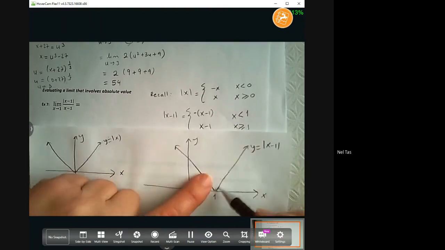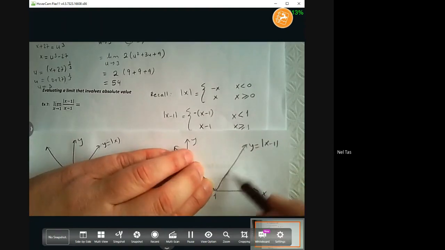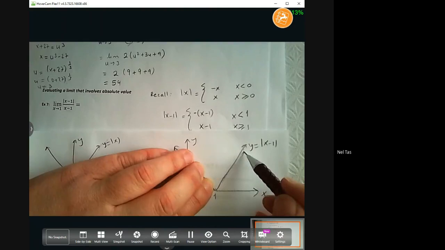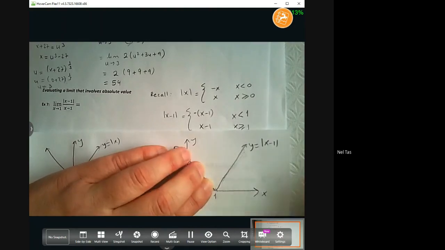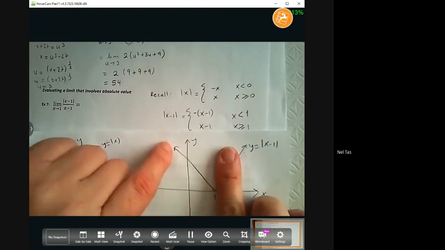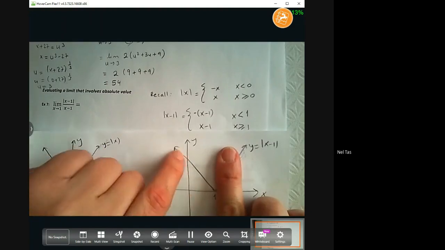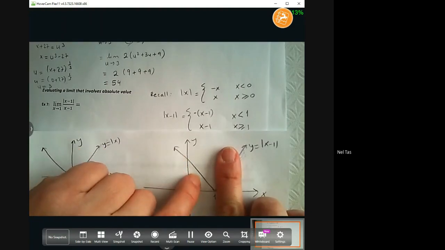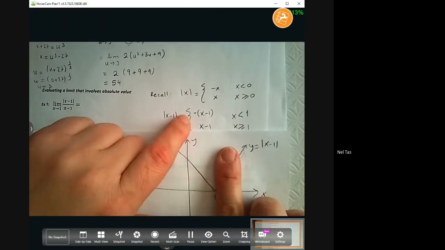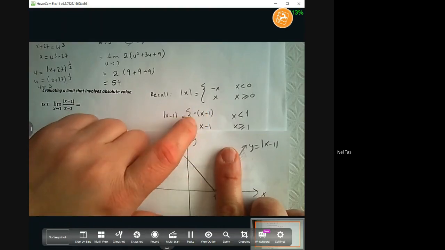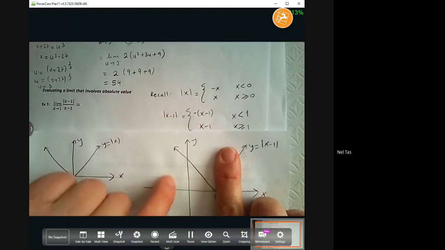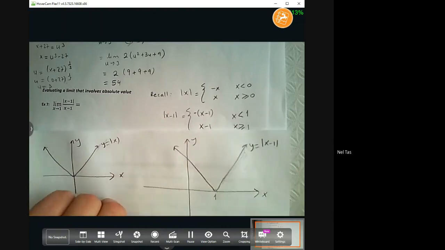So this line, when x is greater than 1, is x minus 1. When x is less than 1, you have this line, which is negative in a bracket x minus 1, so that gives you negative x plus 1 actually. So the y-intercept is 1 there.